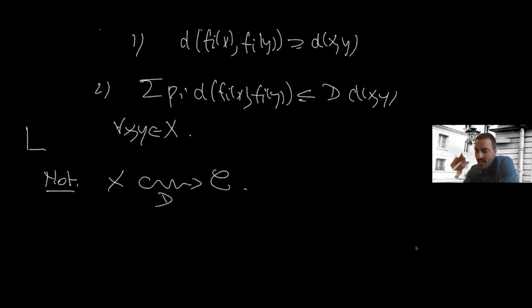And tree metrics are important here because it's well known that a tree embeds isometrically into an L1 space. So you want to embed X into a distribution of trees.